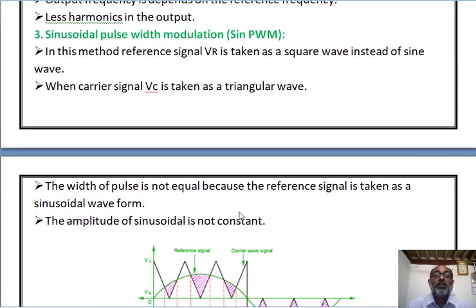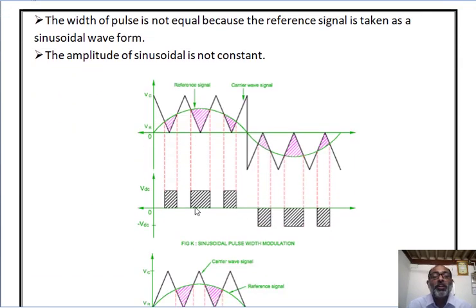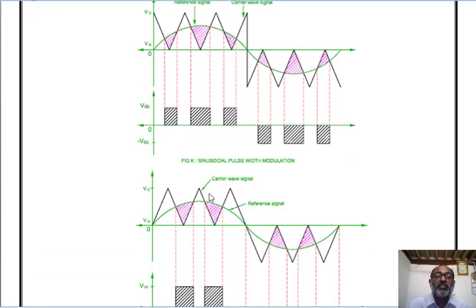So the widths of these pulses are not equal because the reference signal is taken as a sinusoidal waveform. The amplitude of this sinusoidal signal is not constant. It continuously varies with respect to time. So the magnitude of these pulses also changes.